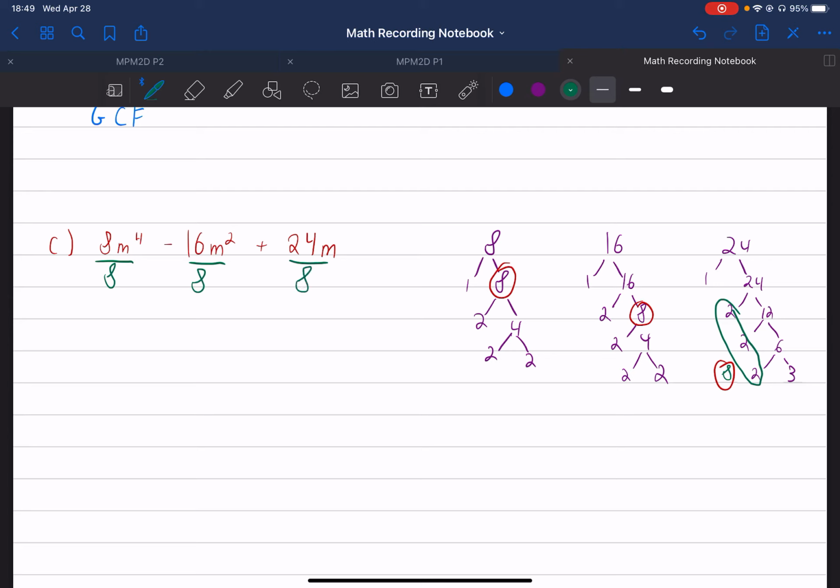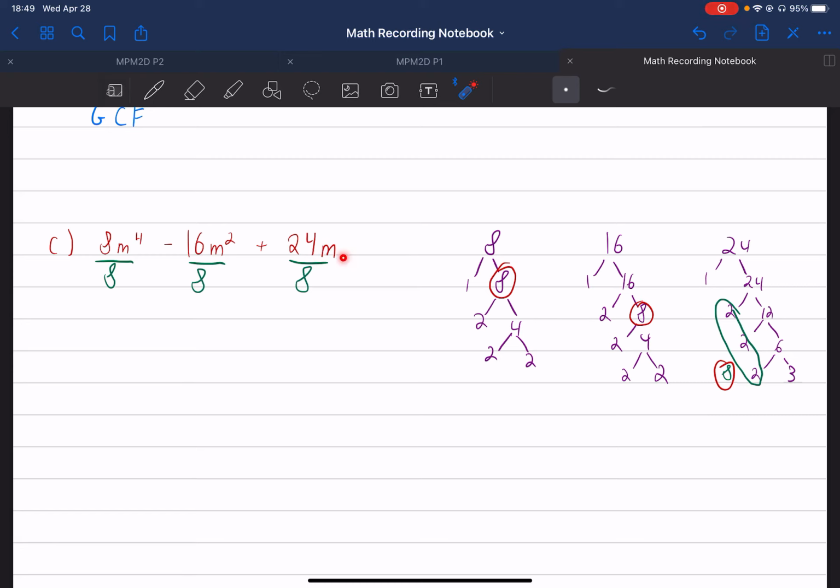We can see here we have an m to the power of 4, an m to the power of 2, and an m. So this m to the power of 4 is 4 m's multiplied by each other. This one's 2, this one's 1. We can't take more than what exists.